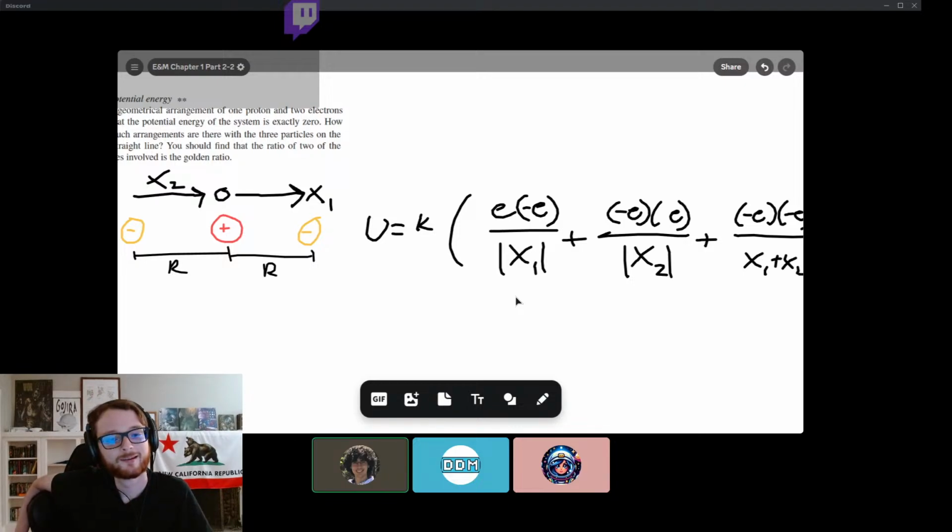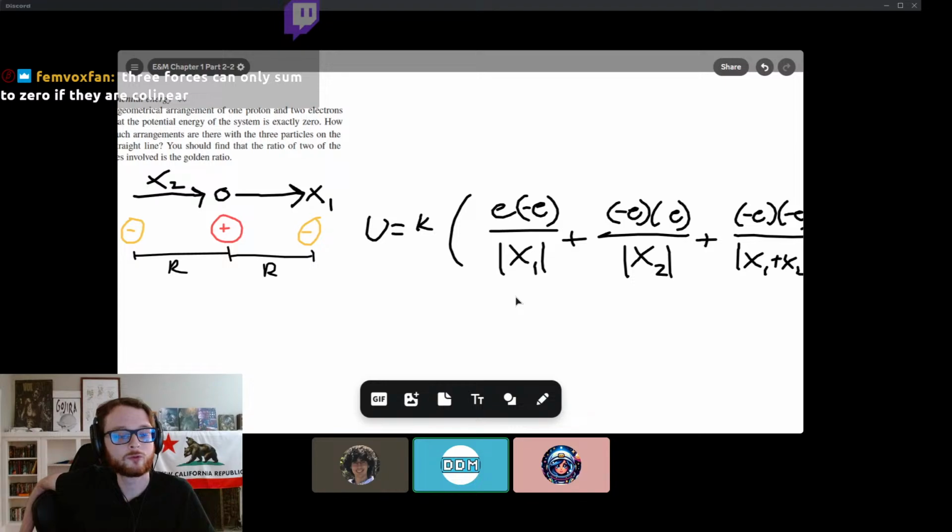Yeah, because the positive is always going to get attracted. I mean, you might get lucky with the other two charges, but if this positive charge was like 2E or something, we might be talking. But if it's equal, it's still going to get attracted. Oh yeah, okay, you're right.